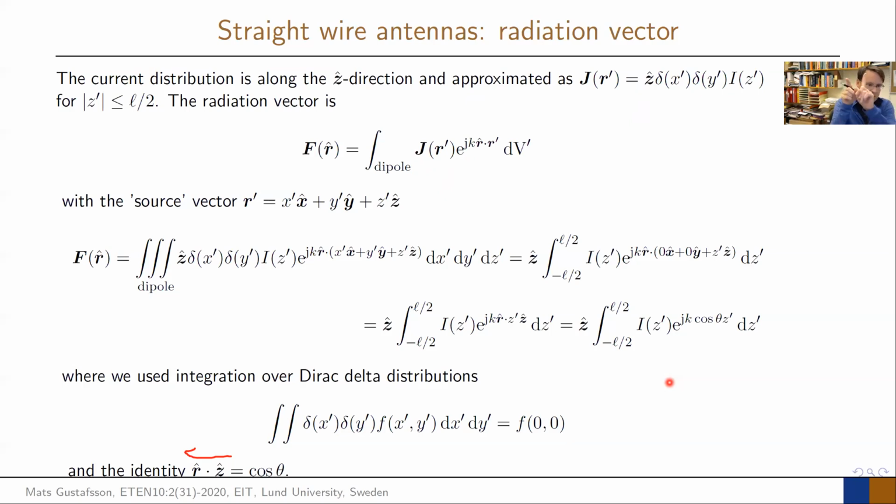You can also see it in the coordinate system, because theta is the angle between r hat and z hat in these cases. So this is where I get my radiation vector for this case. It points in the z direction, and I have some weight over it, which means I should take my current and weight it with this e to the jk cosine theta z prime.